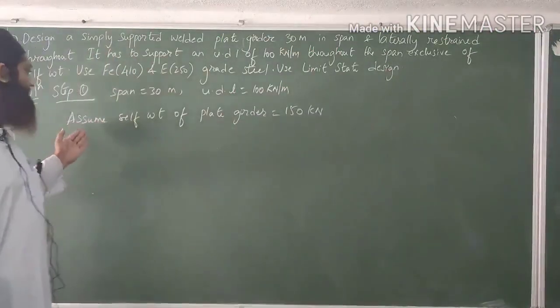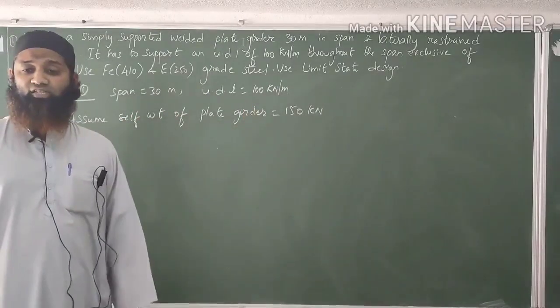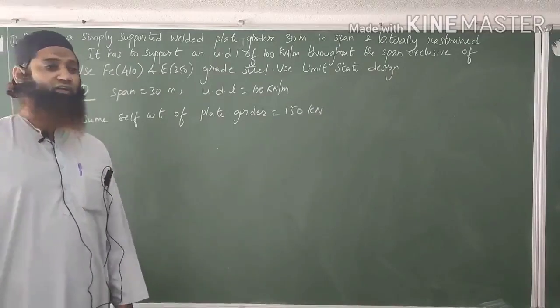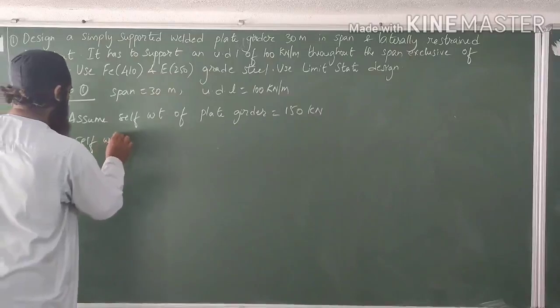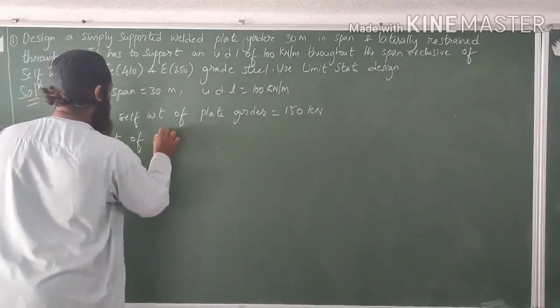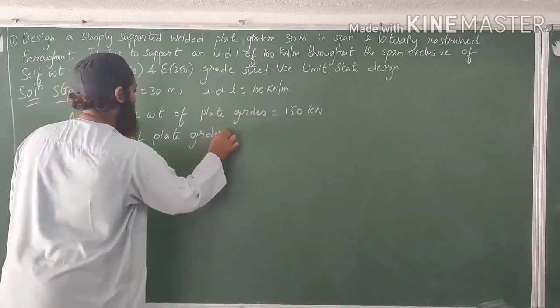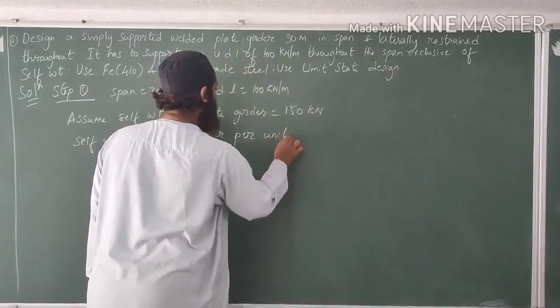Now we'll see the self weight of plate girder per unit length. We want it for per unit length.